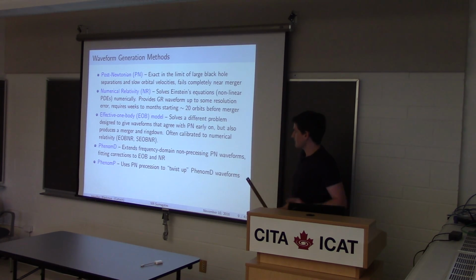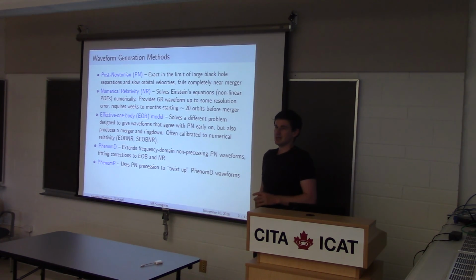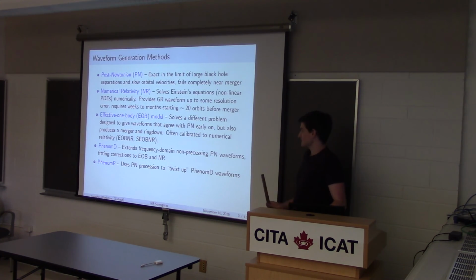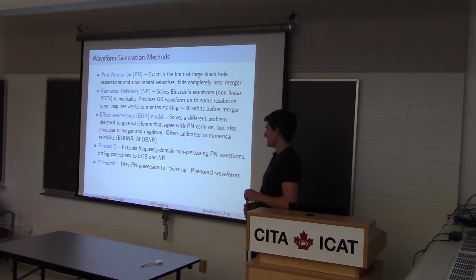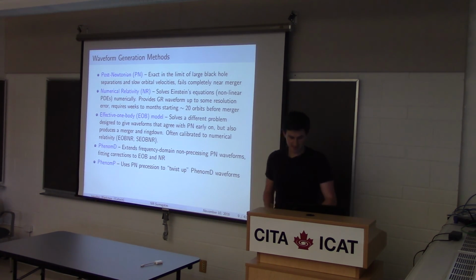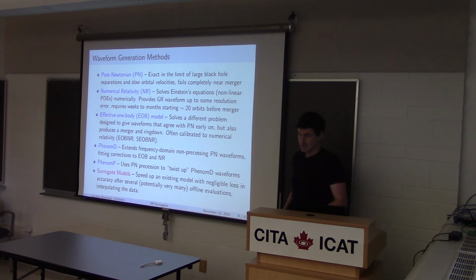These phenomenological models assume some fixed underlying structure of the waveform, maybe parameterized by frequency, and then use a whole bunch of free parameters that are fit to numerical relativity data. So this PhenomP, which twists up a non-precessing waveform model using post-Newtonian expressions for precession, was also used in the analysis of GW150914.